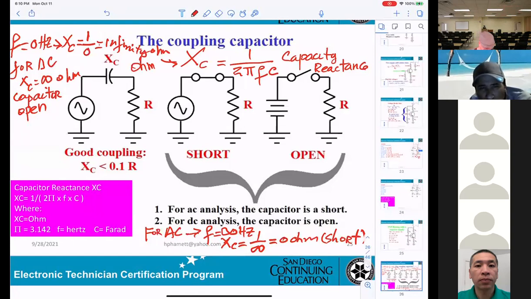Now, on this display here, good coupling. What does that mean? Do you understand when they say good coupling?